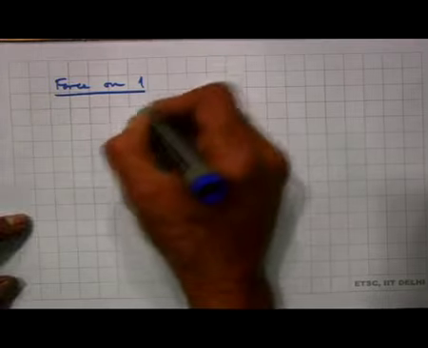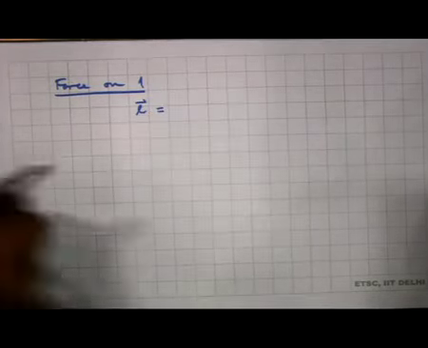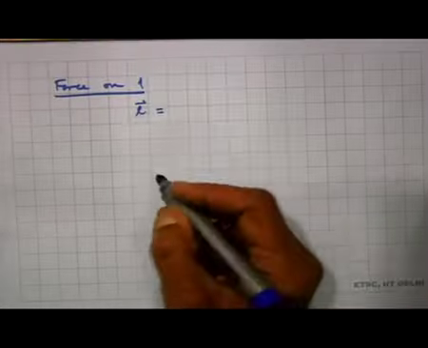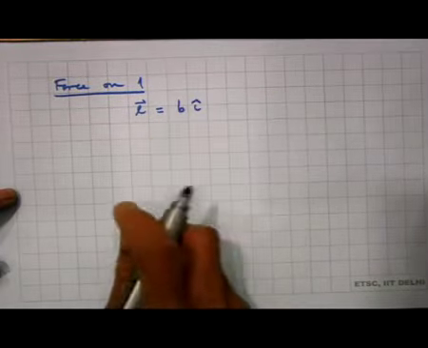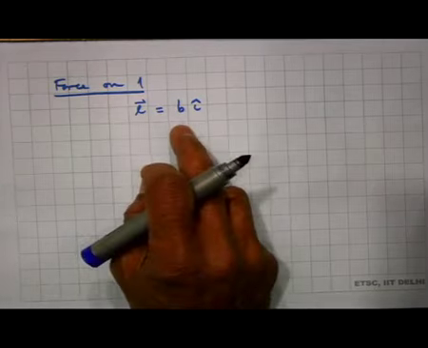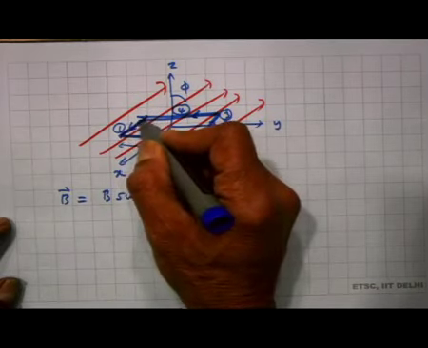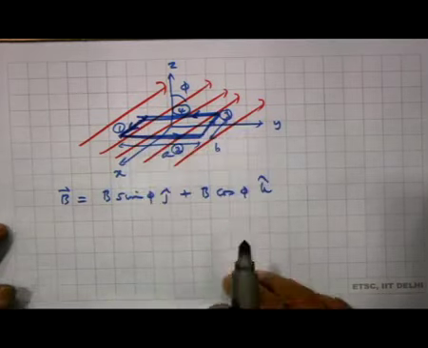Look at this figure here, this length is b, pointing along the x direction, current is flowing along the x direction. So, L is nothing but b times i cap.